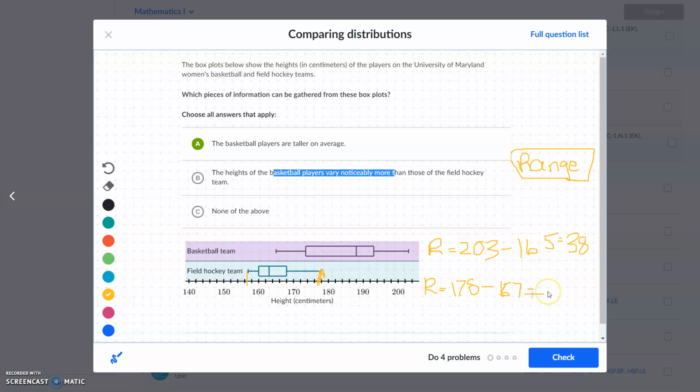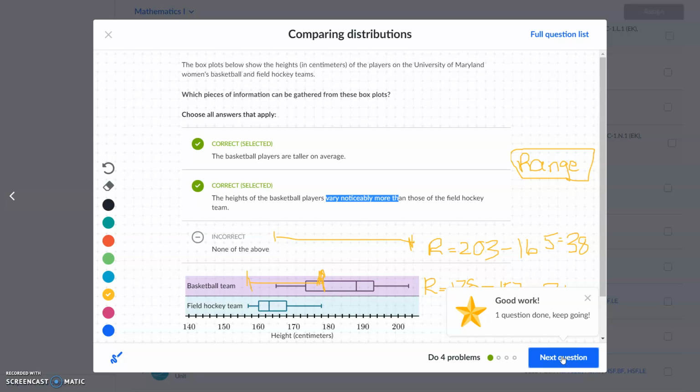So 178 minus 157 is 21. So you can see here that the basketball team has a bigger range than the field hockey team. So it is more spread out. It does vary more than the field hockey team. So our answer should be A and B.